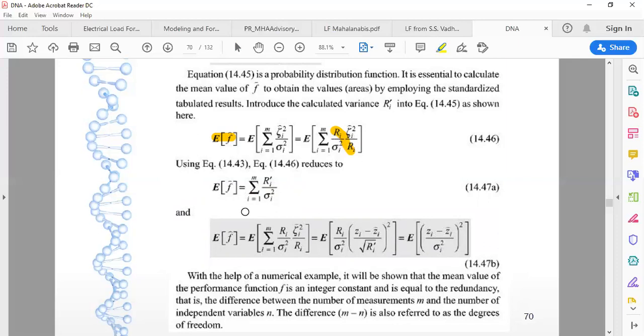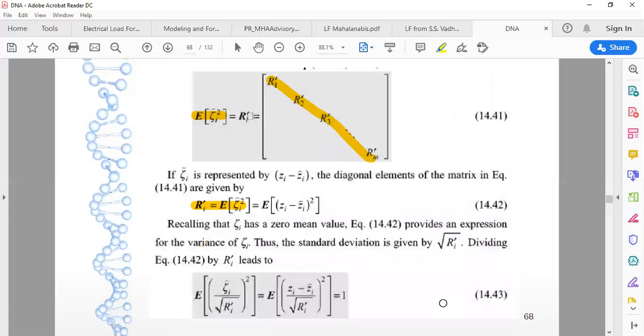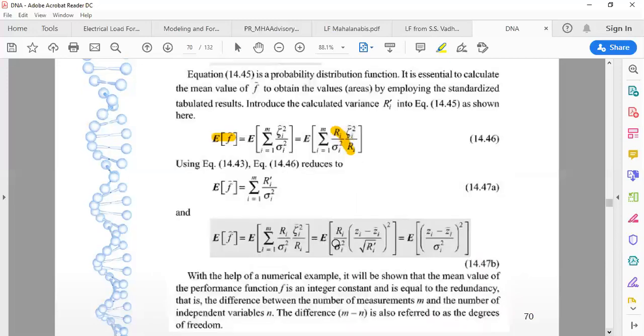So over here we can say that now using this equation and equation 14.43, this equation where covariance is in the denominator, if we merge these two, then we can easily say that over here the expected function is equal to Ri by sigma i square, first term.